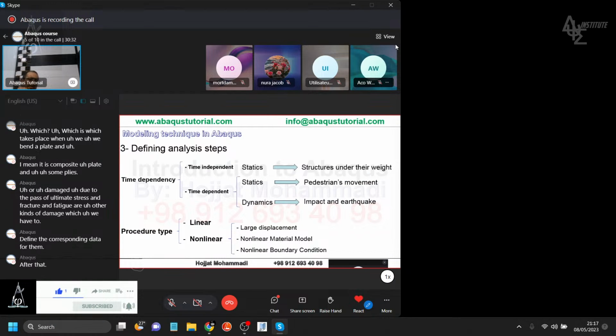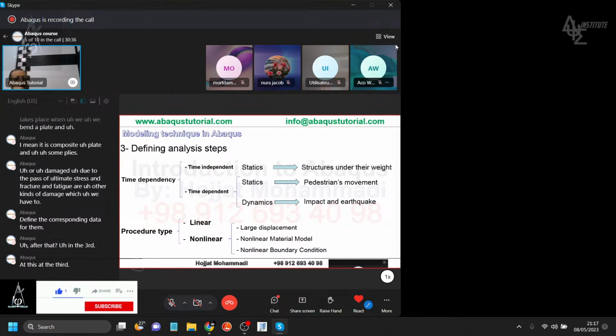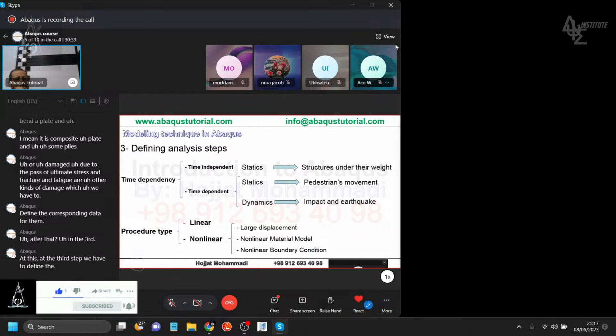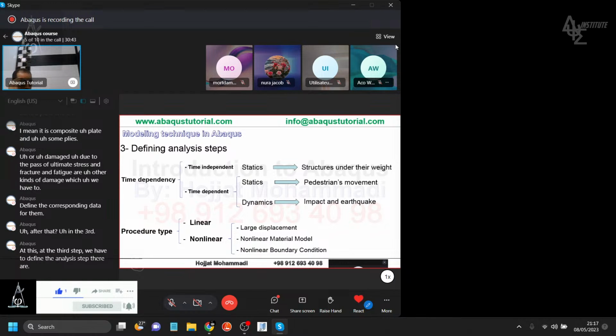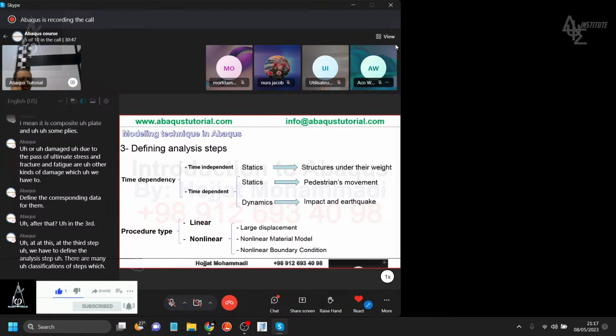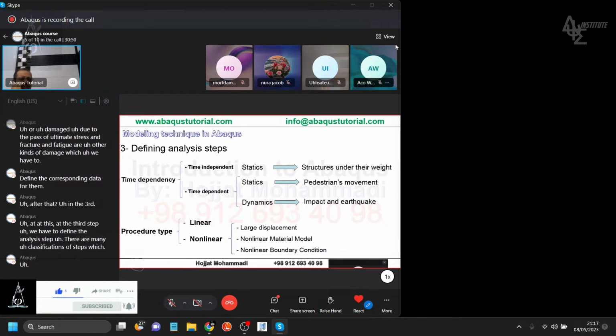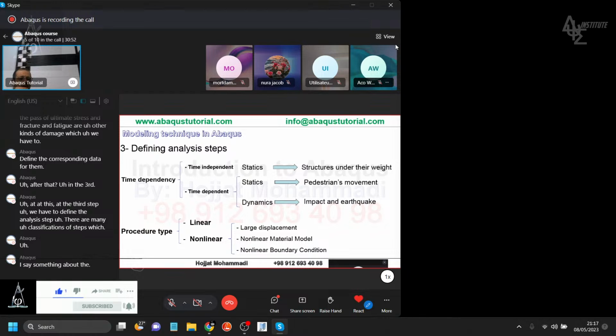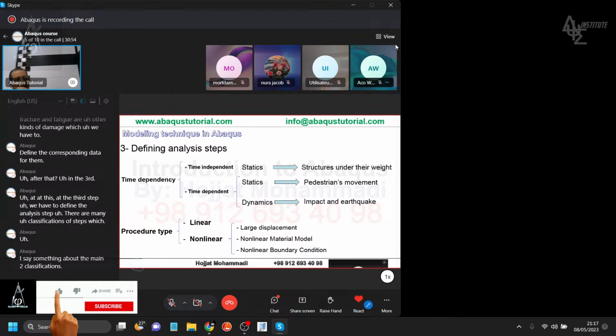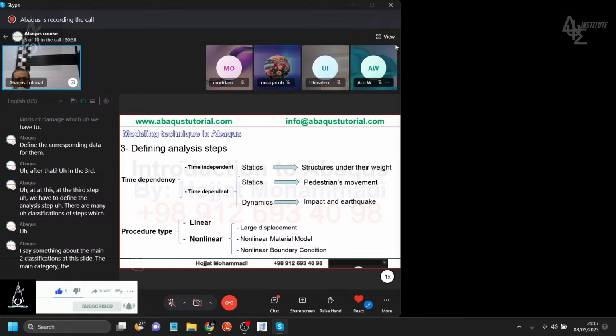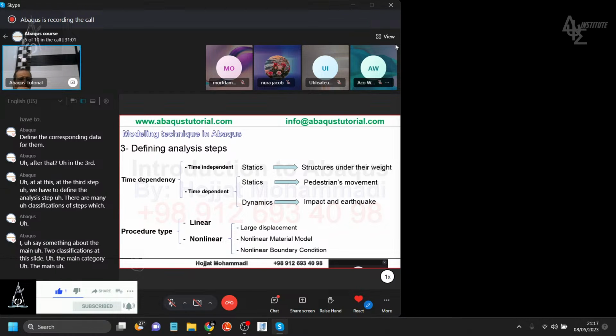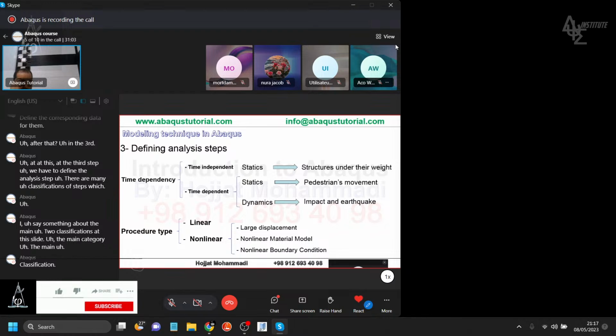After that, at the third step, we have to define the analysis step. There are many classifications of steps, and I will say something about the main two classifications in this slide. The main classification is time dependency.